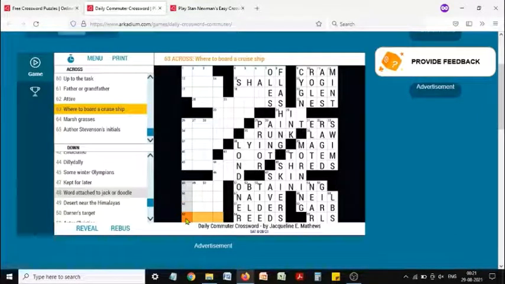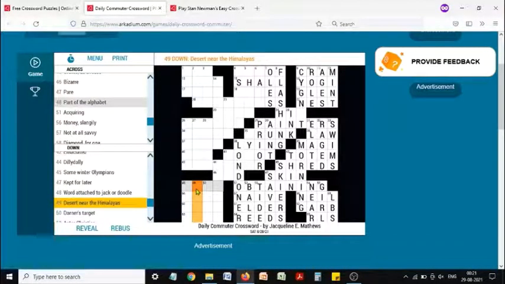Is this tech? No. What is this one? Word attached to Jack or Doodle. So what I'm looking for is either a prefix or a suffix. Word attached to Jack or Doodle. No. Desert near the Himalayas.